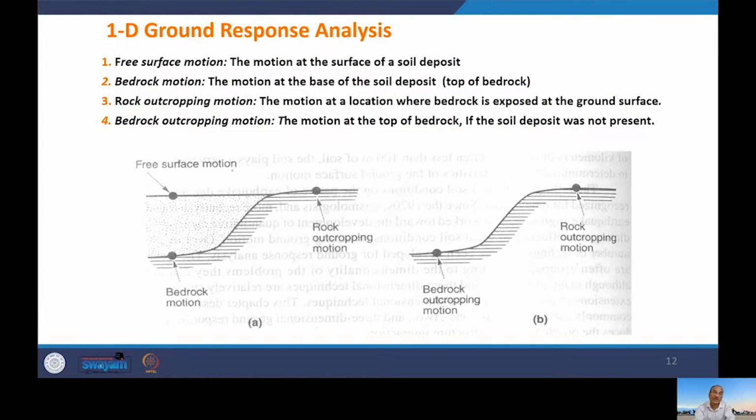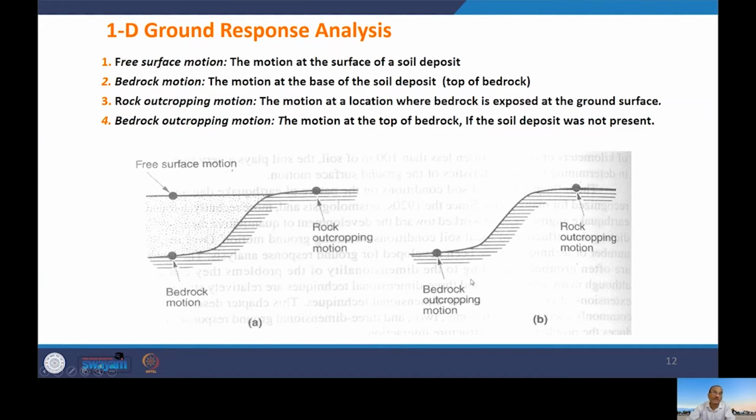This is the motion at a location where bedrock is exposed at the ground surface. So if bedrock is down and on top of it you have a soil deposit, but it is exposed to the ground surface with no soil deposit, then it's called rock outcropping motion. But there could be a case when bedrock is not exposed to the ground, but is deep, with no soil cover on top of it, then it's called bedrock outcropping motion.